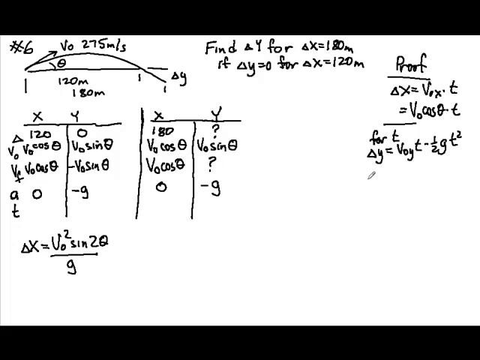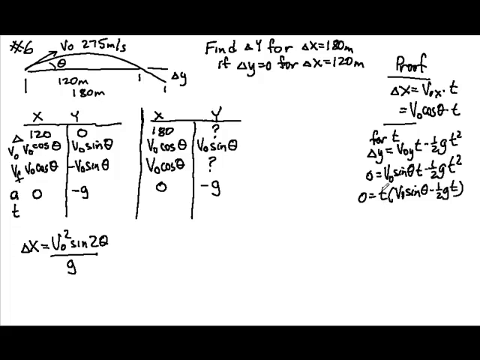Delta y is 0, which is equal to v naught sine theta t minus 1/2 g t squared. I'm going to factor a t out of here, so 0 is equal to t times v naught sine theta minus 1/2 g t.